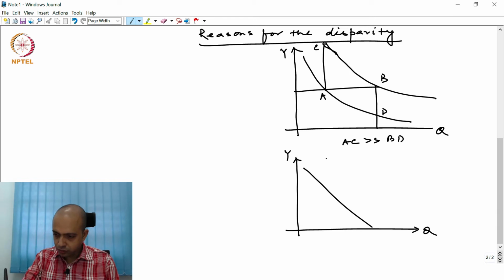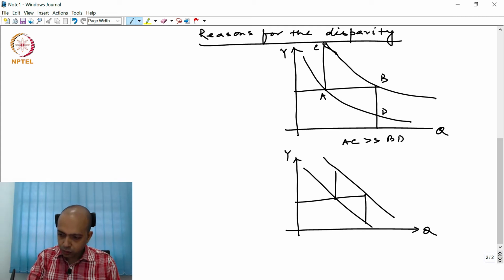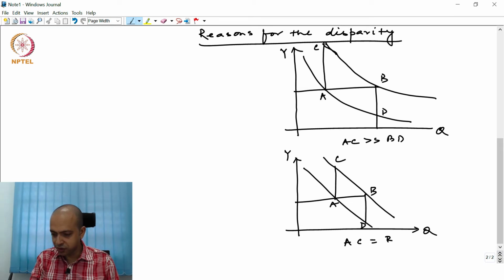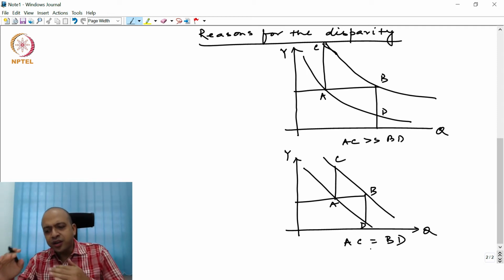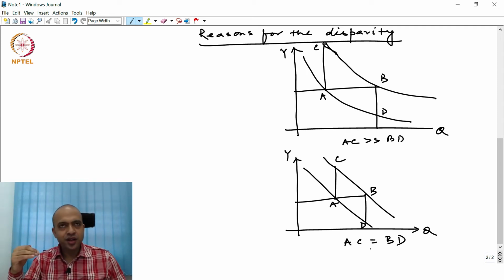So in this case, let's say this is A, this is B, this is D, and this is C. So AC is equal to BD. Okay, so that means the difference can be explained by the shape of the indifference curve itself.